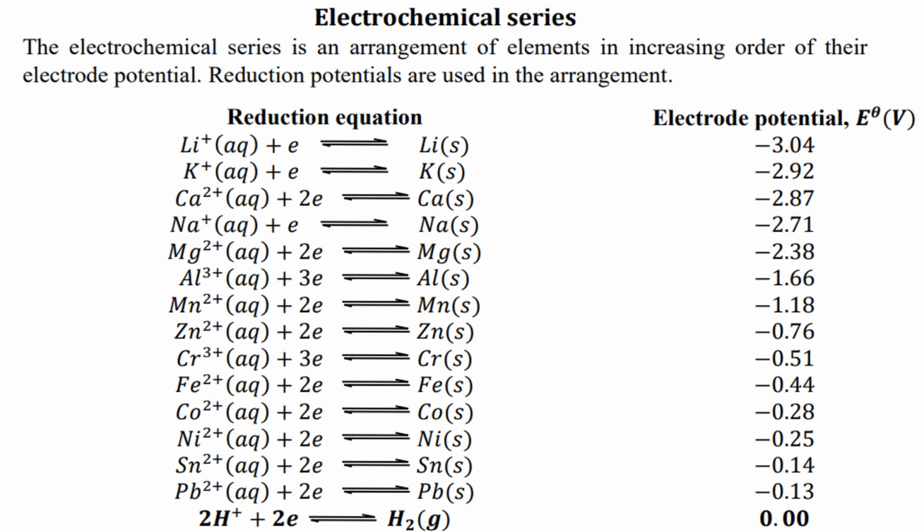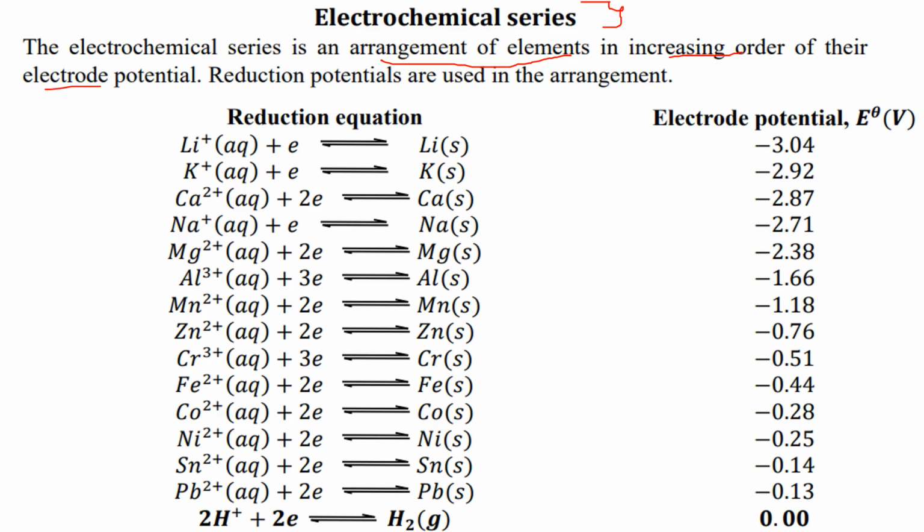Now with this, we are first going to have an overview of the electrochemical series. The electrochemical series is an arrangement of elements in an order according to their increasing electrode potentials, and reduction potentials are used in the arrangement.